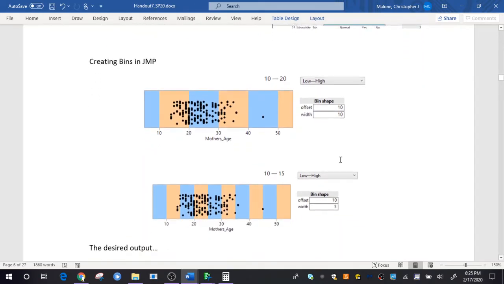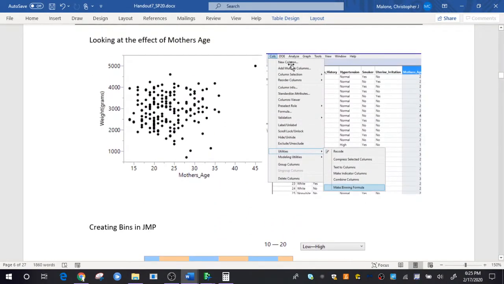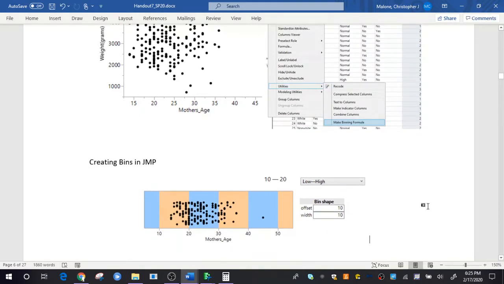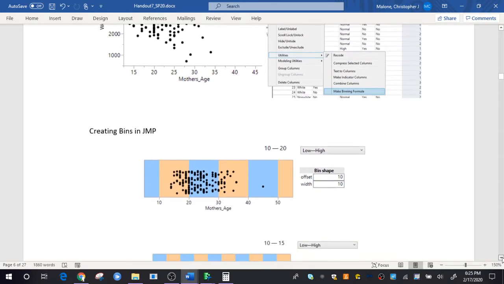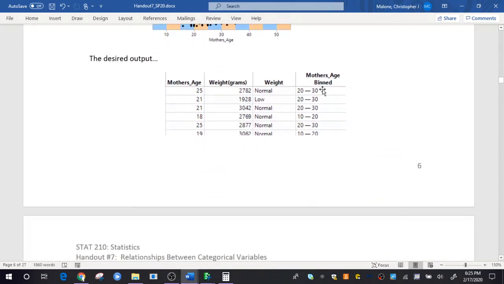So I can convert a numerical response into a categorical by using the utilities menu. If I go under columns, utilities, make binning formula, follow the steps that are here on page 6, that is going to create bins for you. And once you do that, you'll get these bins out.